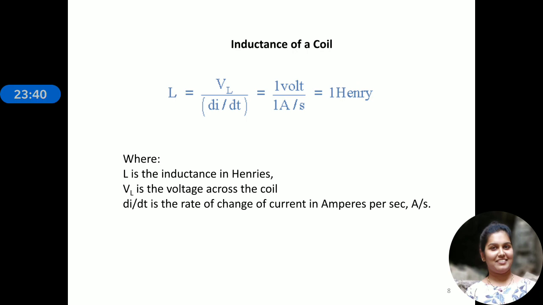Okay, inductance is a measure of an inductor's resistance to the change of the current flowing through the circuit, and the larger its value in henries, the lower will be the rate of change of current.